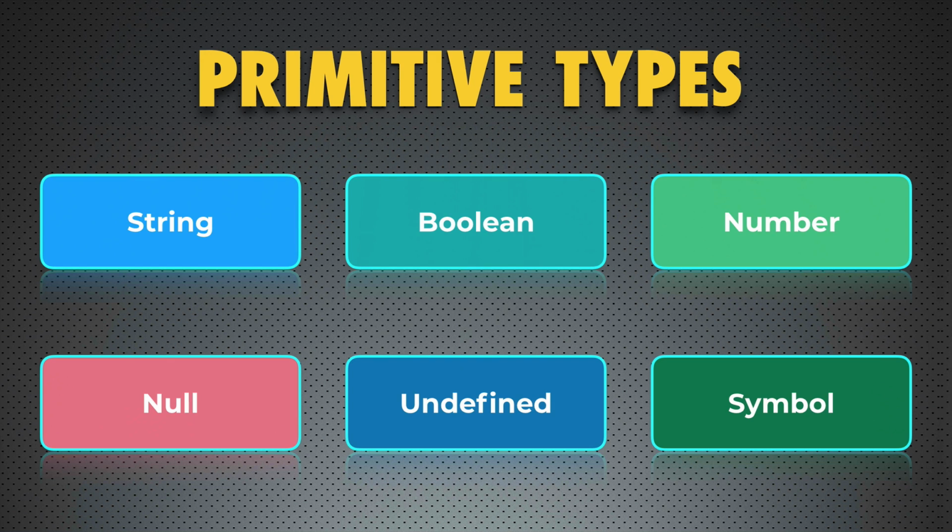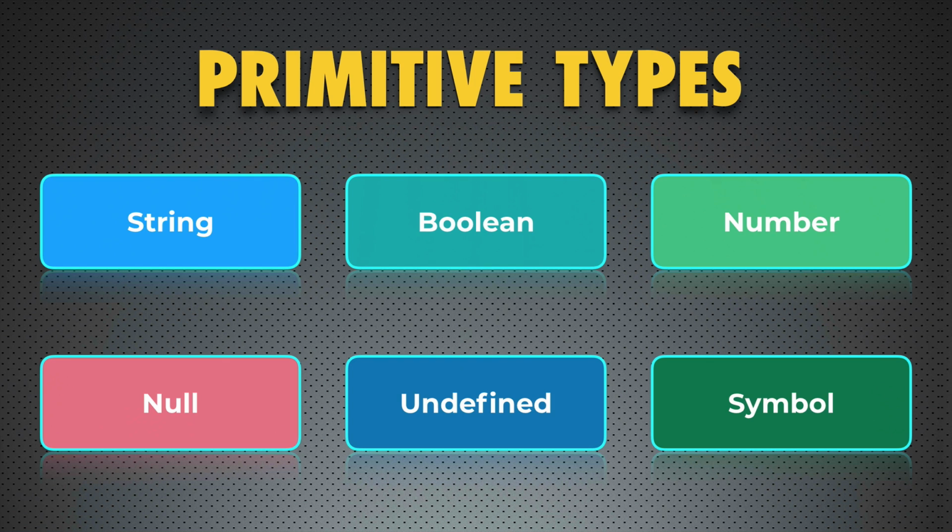Number, 0, -5, 7, 5.2, 10.7, and so on. Null, simply null, nothing else. Undefined, simply undefined. And an example of the symbol is Symbol.iterator. That is a built-in variable that holds a value of symbol type.